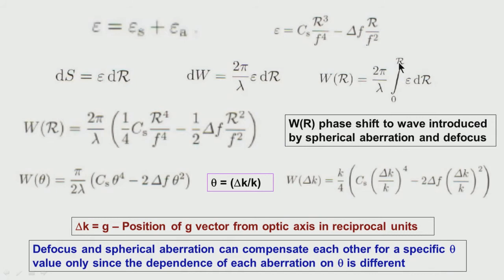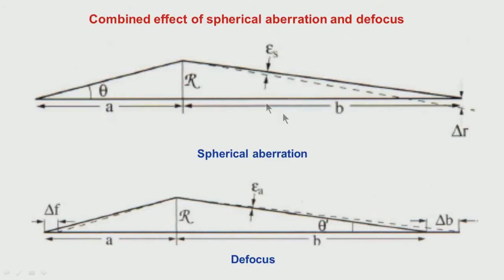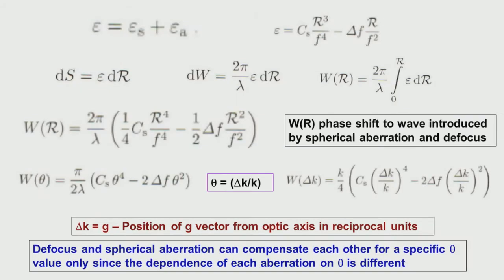But this phase difference will be continuously changing as the value of r changes. So, the maximum phase difference it can introduce can be obtained by integrating this function, and when we substitute this value of epsilon into this equation, we get a term like this.